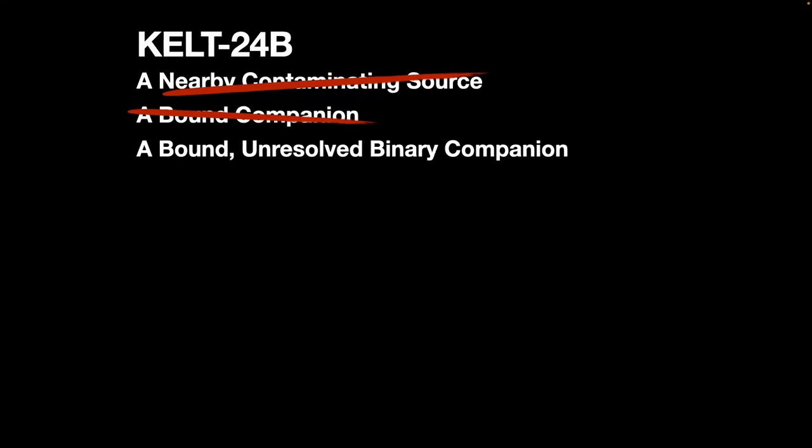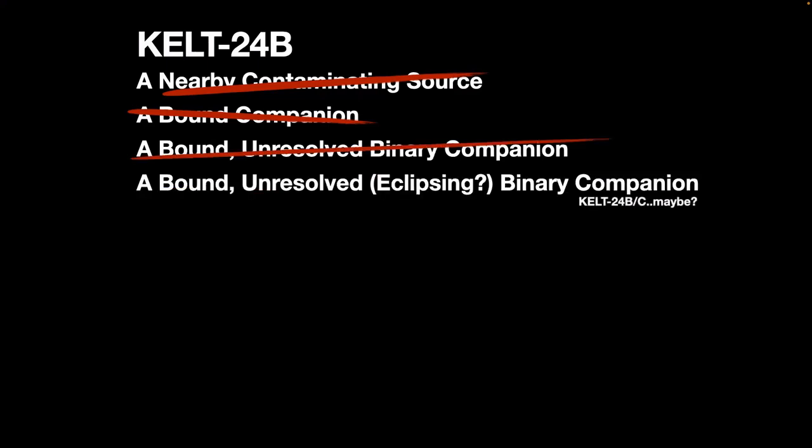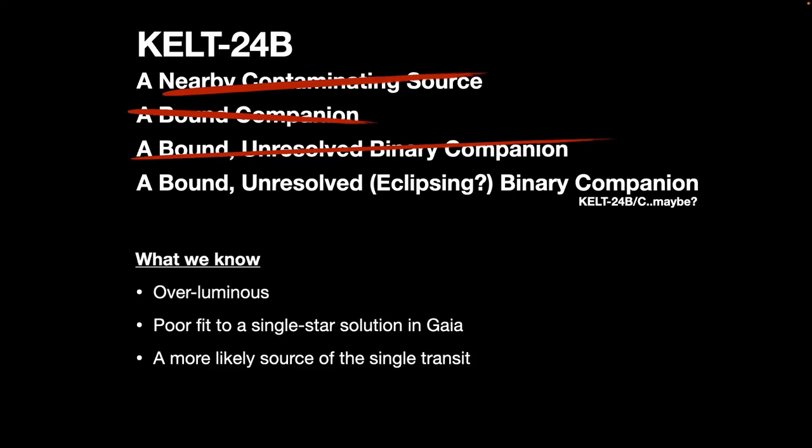So it's some bound, unresolved binary. But then we realized it's probably more complicated than that, and it in fact is some bound, unresolved, maybe eclipsing binary companion, possibly, that we denote hereafter maybe KELT-24 B/C, where B and C represent the two names of those stars. It could also be an unresolved triple. I mean, there could be a lot of things going on underneath the light that we're able to extract from here.